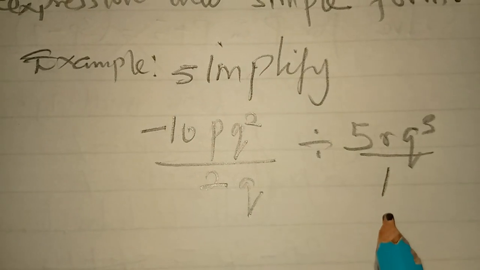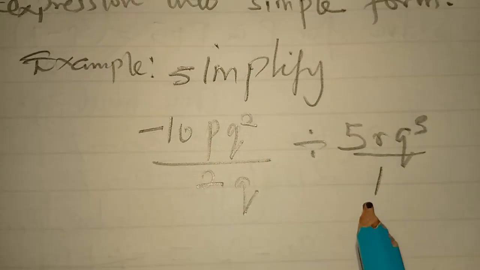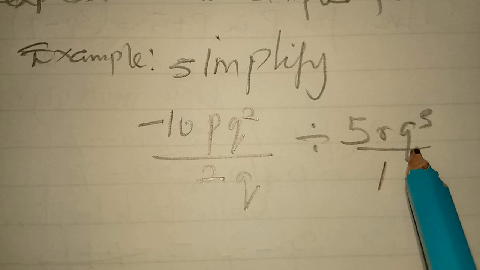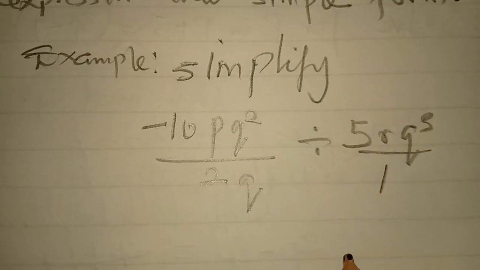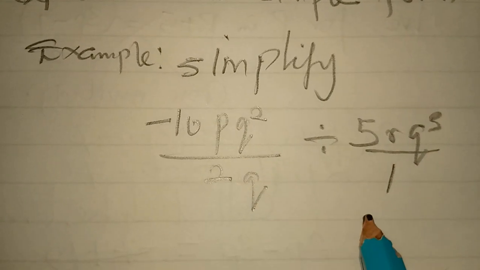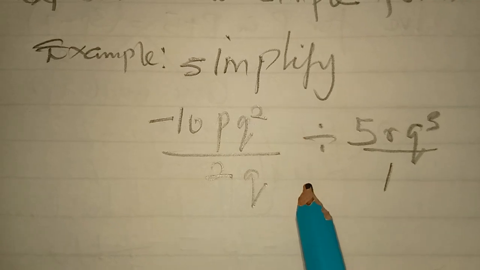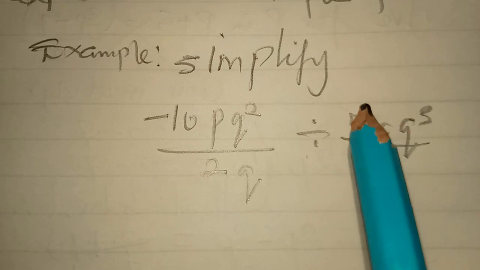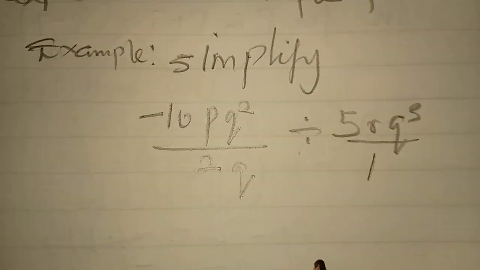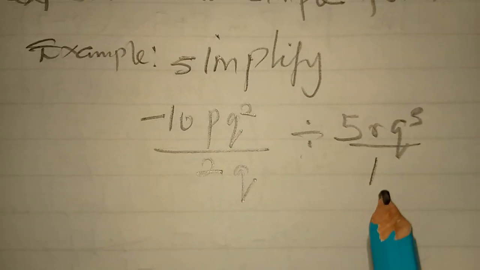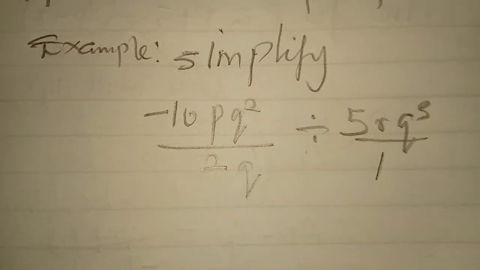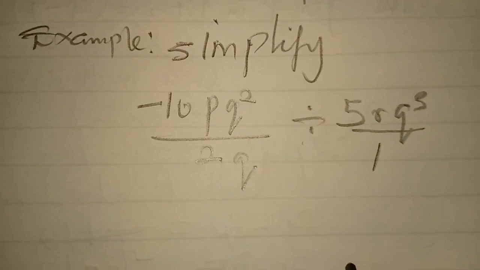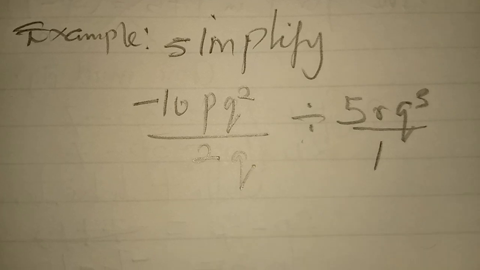Any number or expression standing on its own is the same as that expression over 1, which makes it a fraction. What do you do when you have a division, multiplication, addition, or subtraction sign in between fractions? You can check that up in the playlist on the channel.